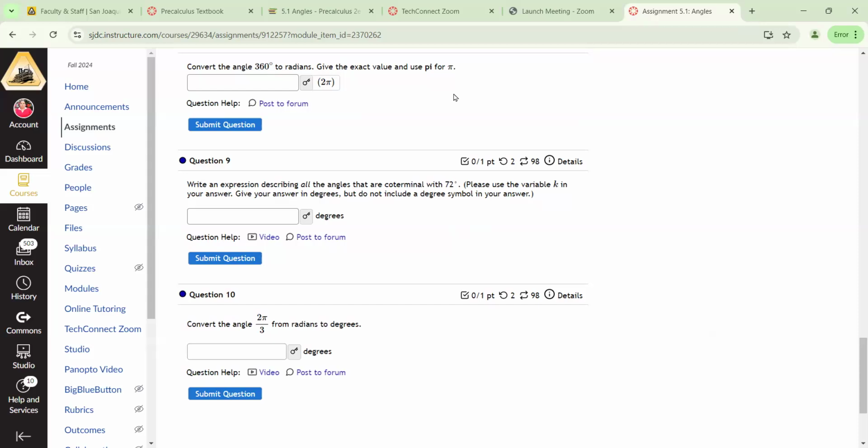So what does it mean by K, and what does it mean by all the angles here, which are coterminal? What we got to tell here is simply that, okay, this is your coordinate system. Here somewhere is a 72-degree angle. Coterminal are all the angles which are coming from this side and are having this side as terminal side.